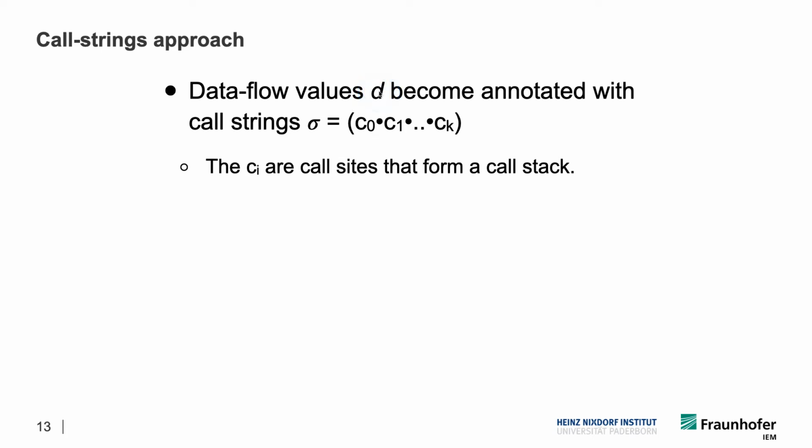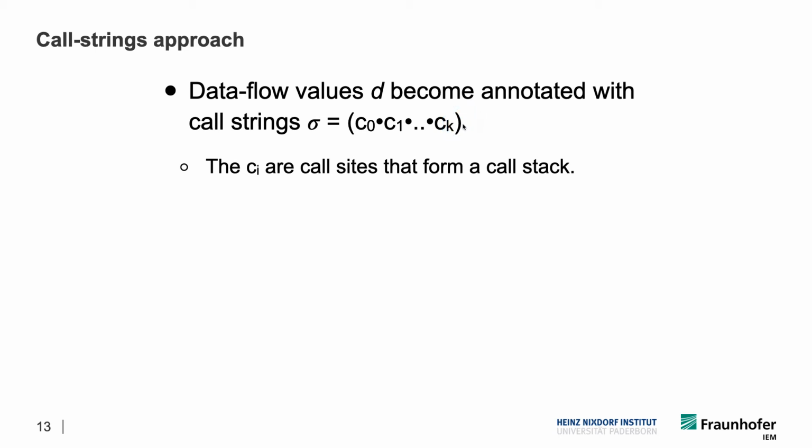Now the idea is that we augment this fact D with additional information: each such fact D will get its own call string. It's a concatenation of individual call frames, and each call frame is simply represented by a call site: C0, C1, CK, and so on.